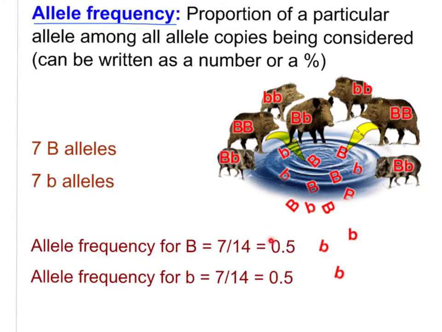That gives us the number 0.5. If we take the 0.5 and multiply it by 100, it gives us 50%. Same thing. The 0.5 means the same as 50%. The recessive allele also has the same frequency. The allele frequency for the recessive allele is also 50%.